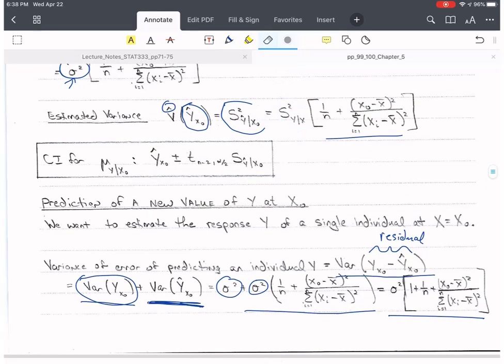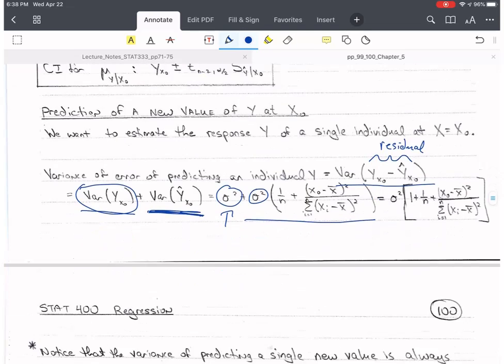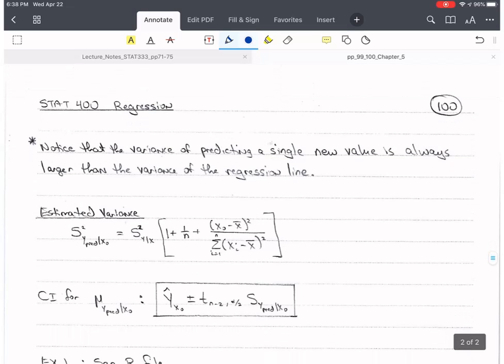Up here, we had a 1 over n plus this quantity. Now we have a 1 plus 1 over n and this quantity. So that's the difference, that 1, which is the value of sigma squared that's being added to our variance estimate. So it's bigger. And here's what I just said, written down: the variance of predicting a single value is always larger than the variance of the regression line.